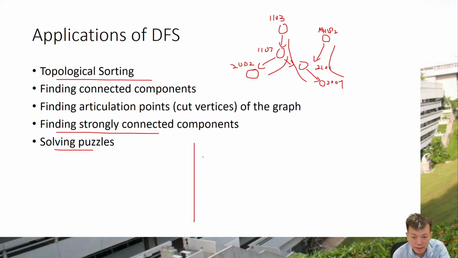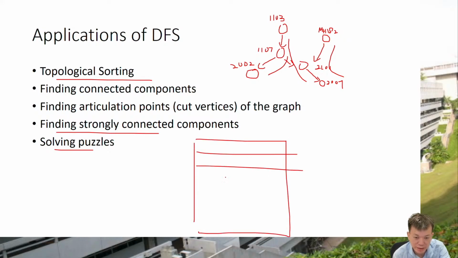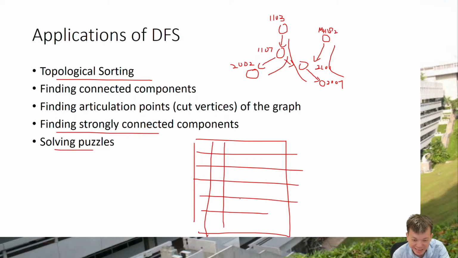Another example is a puzzle, when you have a map. I should find it and attach an example. You have some obstacles you cannot go through, and you need to find the path from here to here.